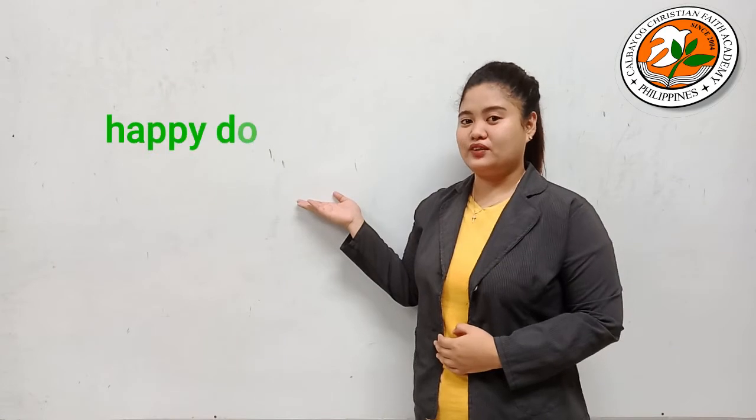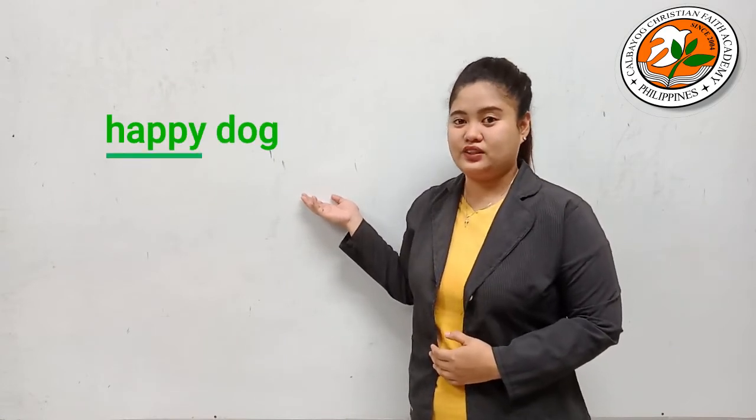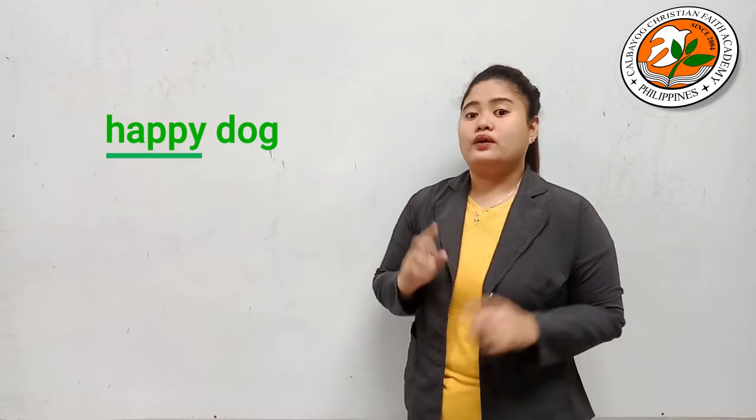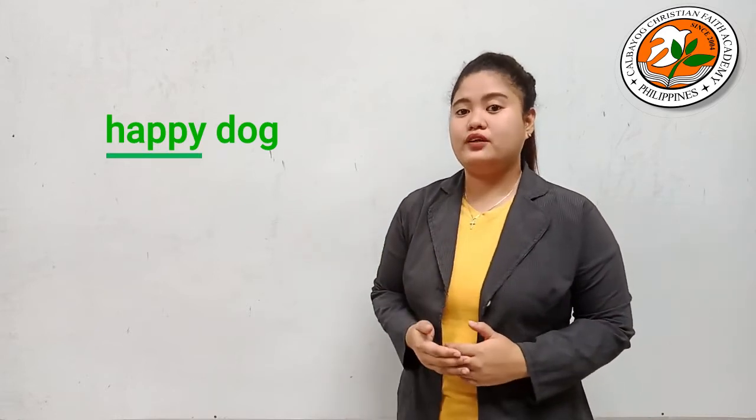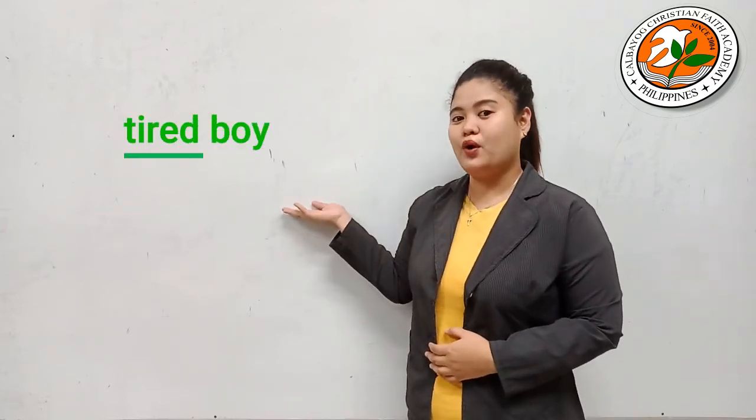Let's have an example of answering the question what kind. So we have here "happy dog." The underlined word, happy, is the adjective. It answers what kind of dog? Happy. Next, an example that answers which one: "tired boy."